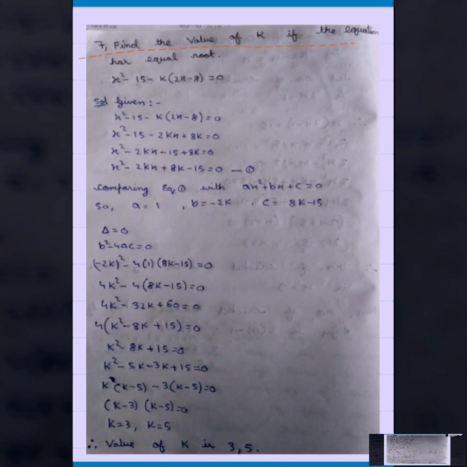Find the value of k if the equation has equal roots, and the given equation is x square minus 15 minus k into (2x minus 8) is equal to 0. So if we see the solution, the given equation is this, and you should multiply, then we get x square minus 15 minus 2kx plus 8x equal to 0.